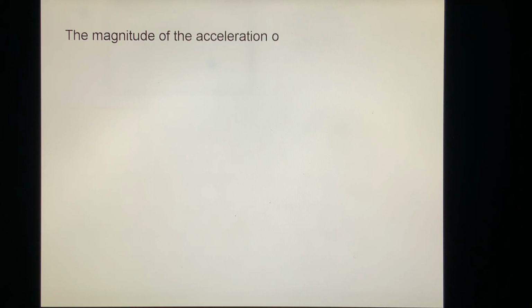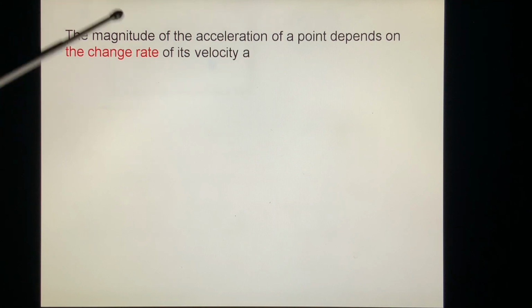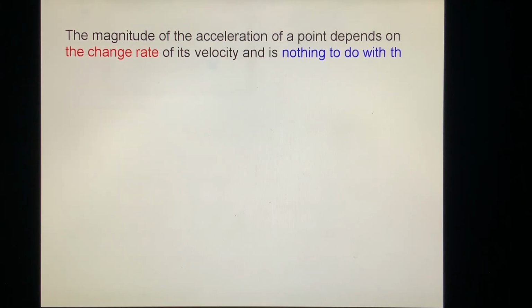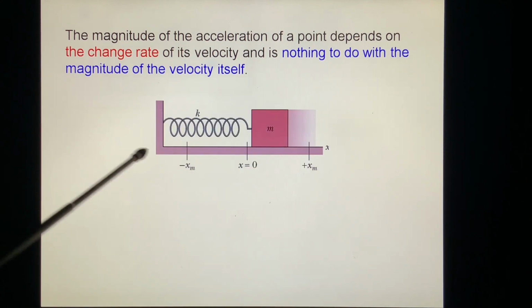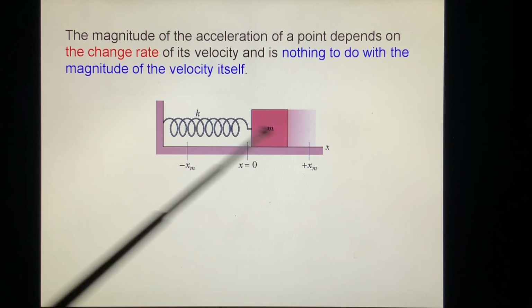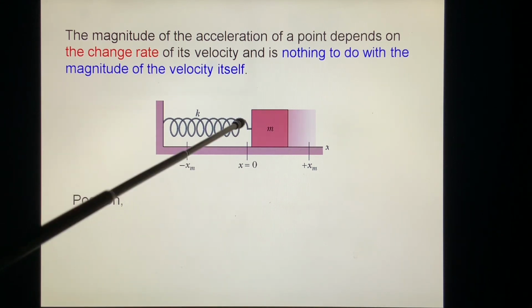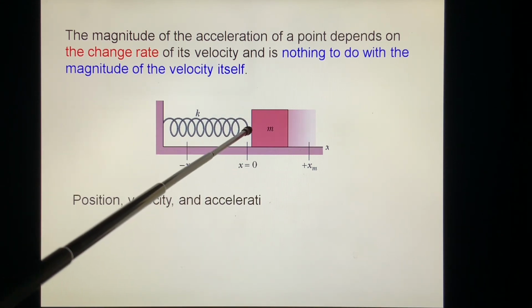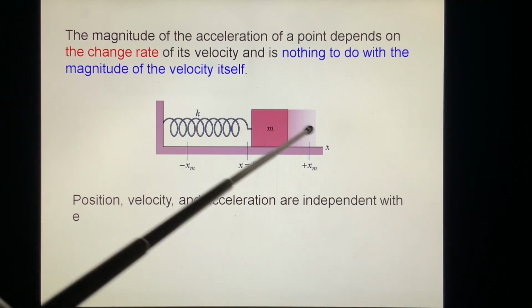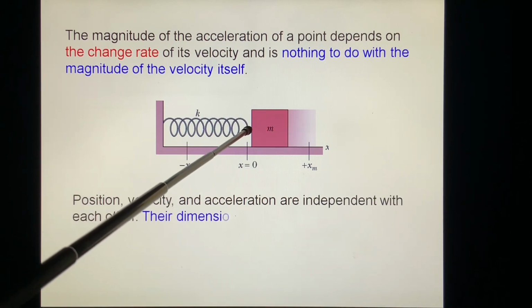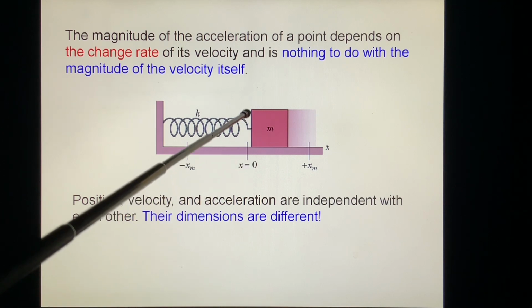The magnitude of the acceleration of a point depends on the change rate of its velocity. It has nothing to do with the magnitude of the velocity itself. Look at this one. We are familiar with this vibration. At this neutral point, x is very small, velocity large.